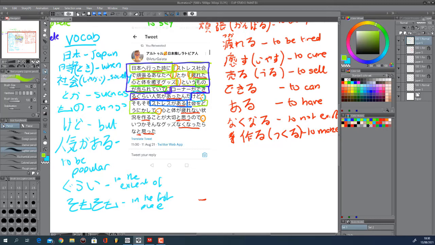somehow, どうにかして, which means somehow. Now this clause doesn't end with a verb. So actually what we've got then is an incomplete clause, because we've got this どうにかして, which means somehow, and like 時に, which means when, it's implying that we're looking for more information to give us context.